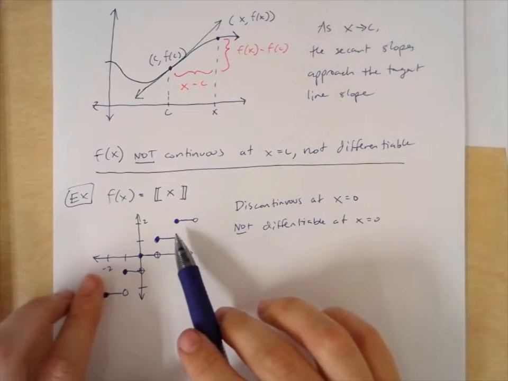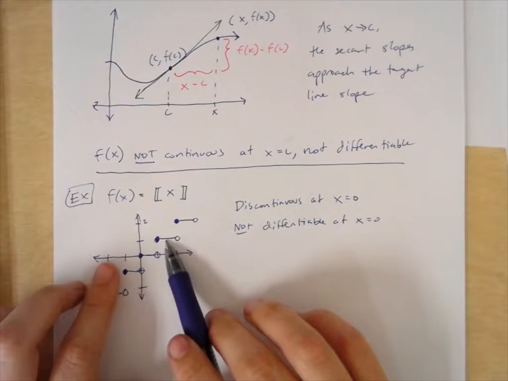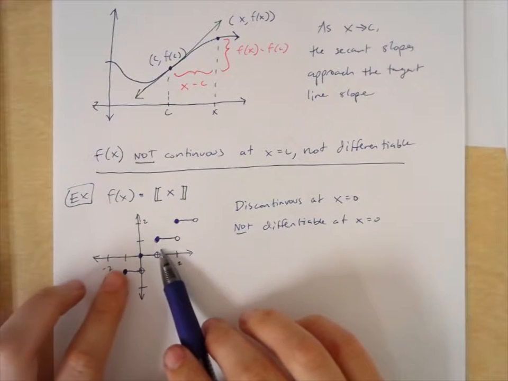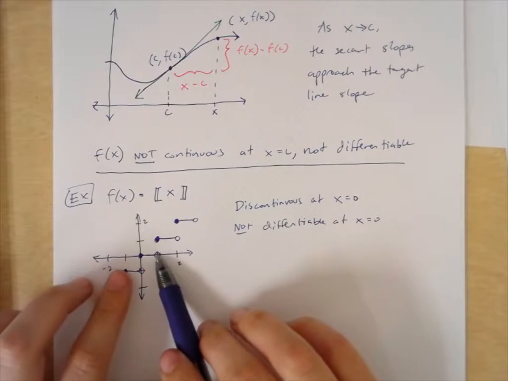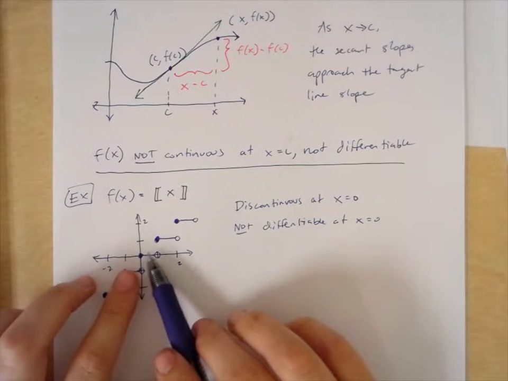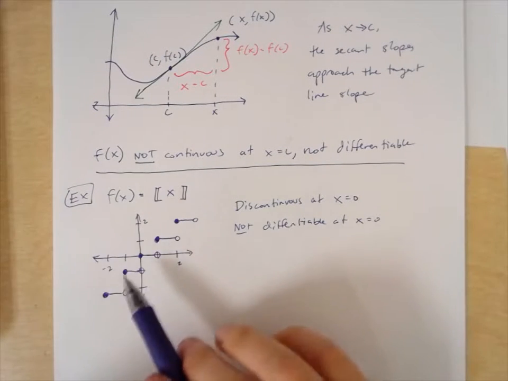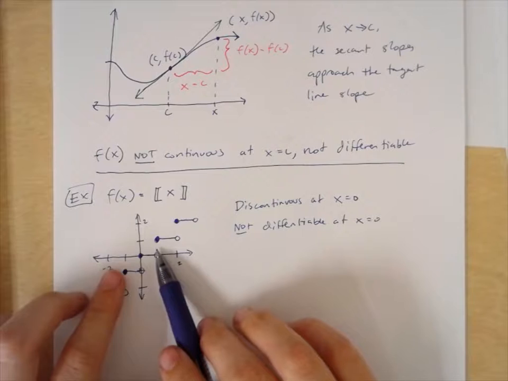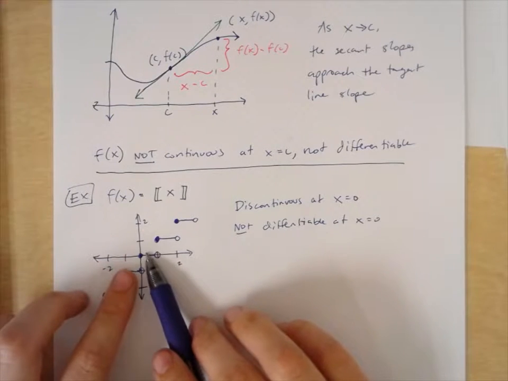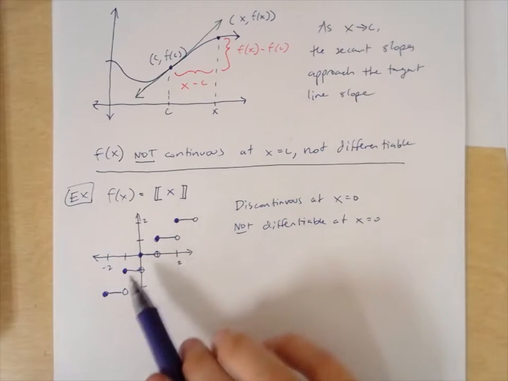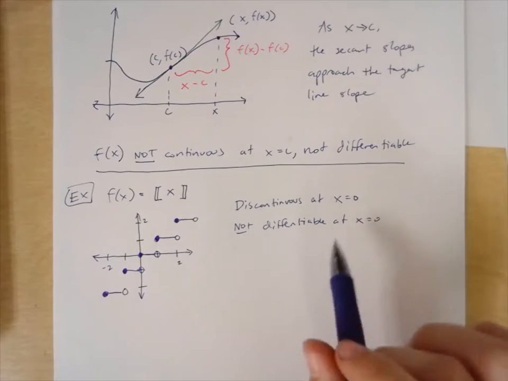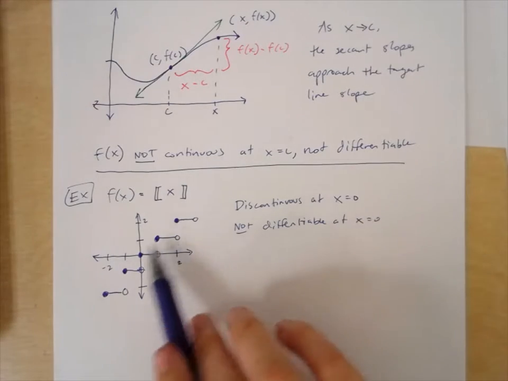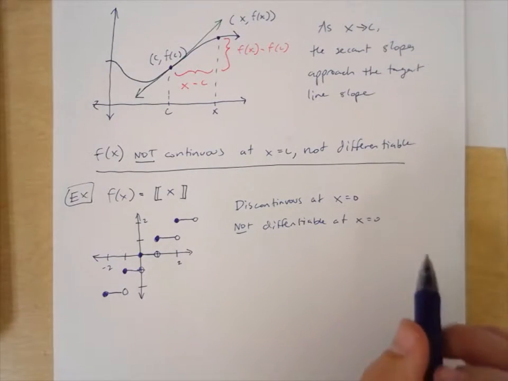If we were to look at the slopes as we approach x equals 0, we get two different directions, right? We can't really make that connection. We can't say, oh, the slope was 0 here and the slope was 0 here, because it's discontinuous and there's that jump there. Since it's discontinuous at x equals 0, that means it's not differentiable at x equals 0.